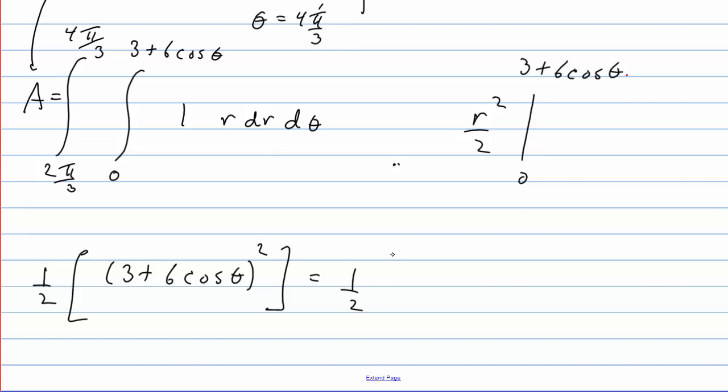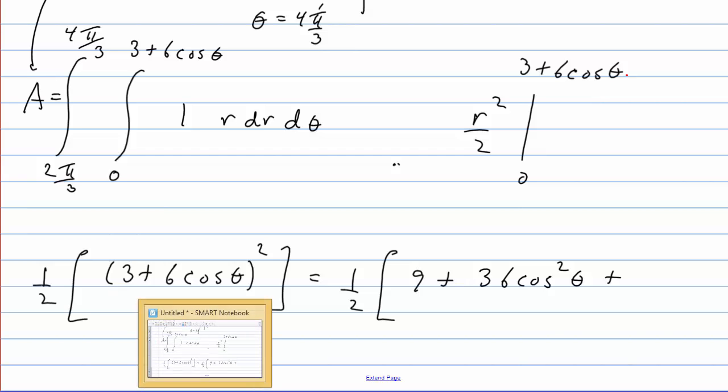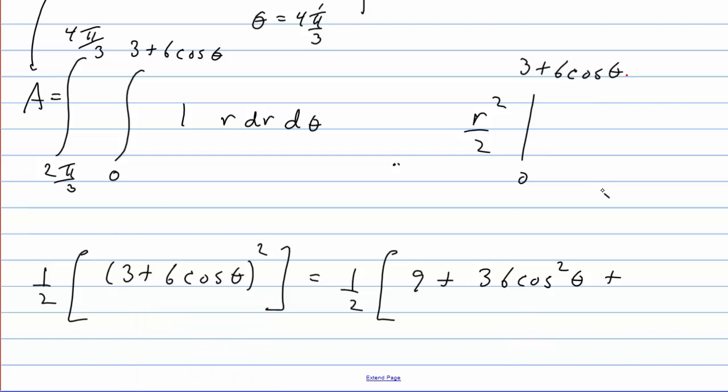We square all that out, so we get 9. 6 cosine theta squared would be 36 cosine squared theta. And if we look at the cross terms, we'd have 3 times 6 cosine theta, and we'd have 2 of those, so that would actually give us 36 cosine theta.